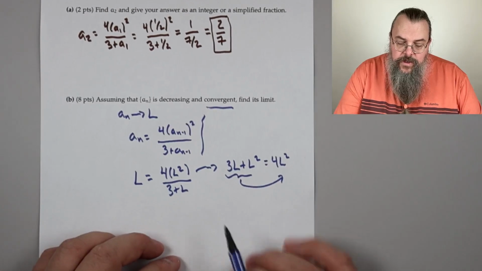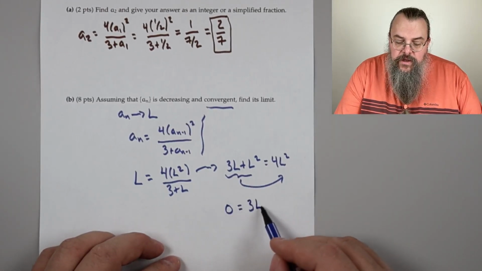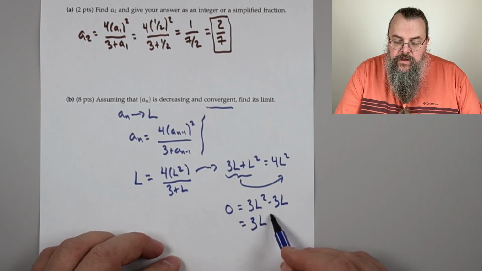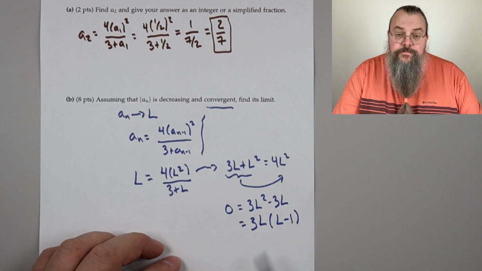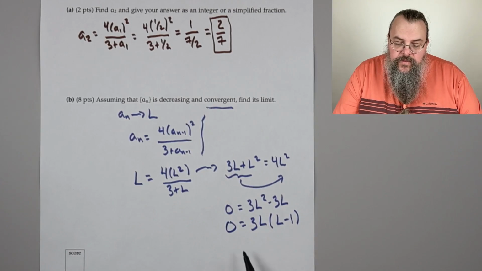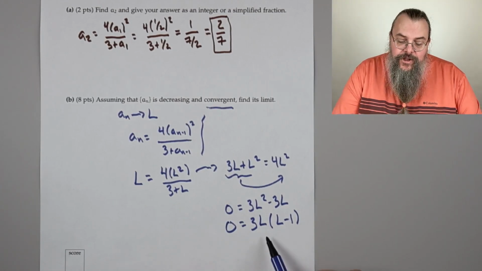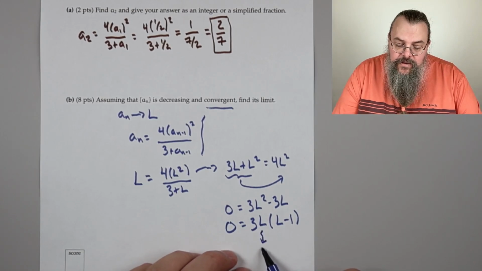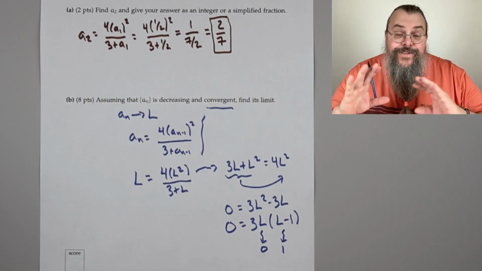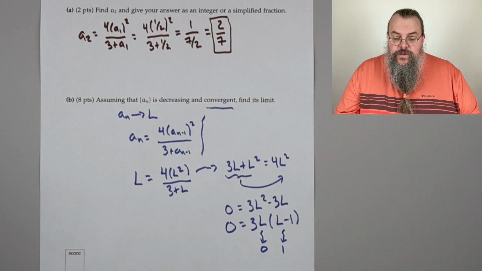Then we get that 0 is 3L squared minus 3L, or that's 3L times L minus 1. So what does that tell us? Well, we don't need to worry about the 3. It tells us 2 candidates: 0 or 1. Now, it's not both. It has to be one of those two, 0 or 1.